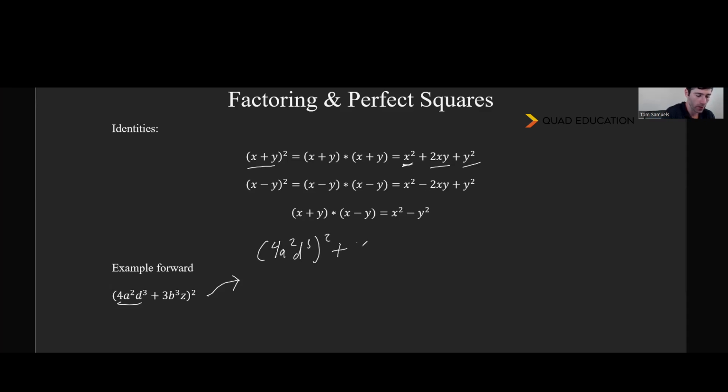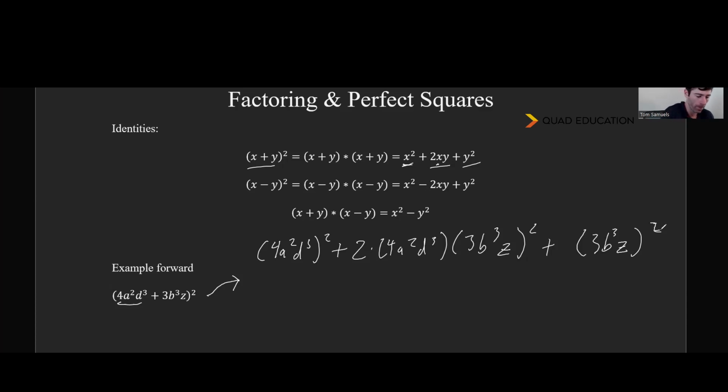I'm going to add to that 2 times whatever x is, 4a squared d cubed, multiplied by our second term, which is 3b cubed z. And then we're going to add to that, finally, our third property, 3b cubed z, squared.